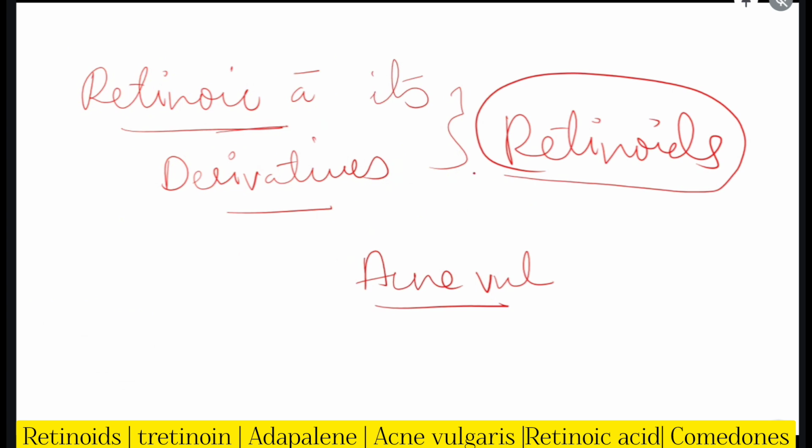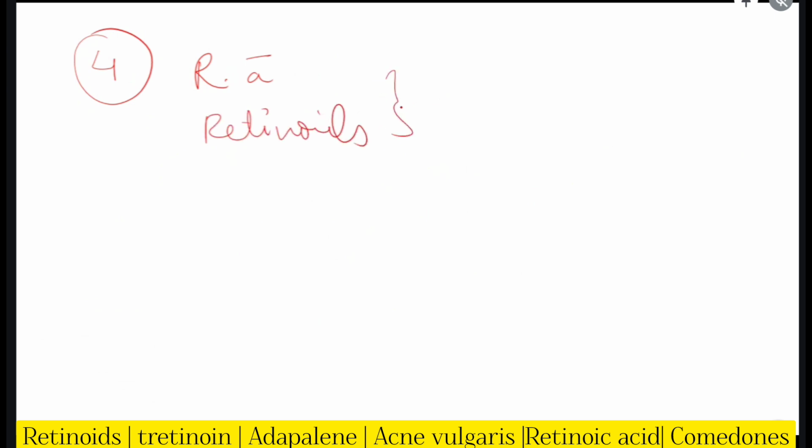In retinoids we have 4 generations of drugs. Don't confuse, this concept is very easy. The first generation retinoid is retinoic acid, which is also called tretinoin.